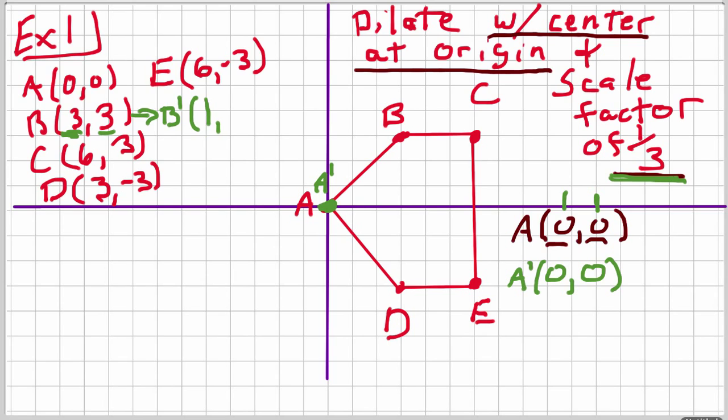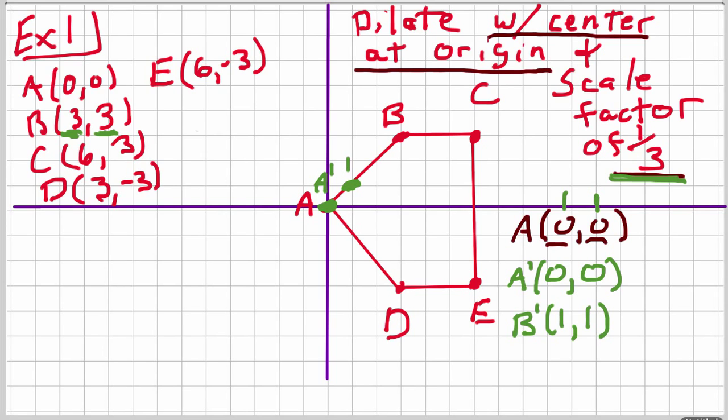Okay, so there's my new x-coordinate. Now, what would my y-coordinate be? Well, I'm going to take my y-coordinate and times it by 1/3, and I get 1 as well. So, I already got my second point. So, I'm going to go ahead and plot it. Here is B prime, 1, 1.